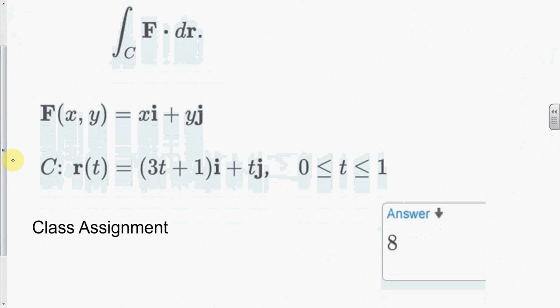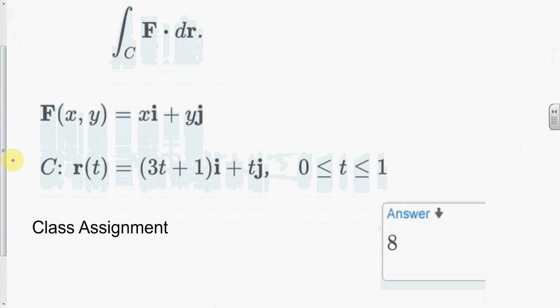So then it's 3t plus 1 i, but once you take the derivative, that's 3. So the tj, don't you have to multiply that by the 3t plus 1, making that 3t squared plus t? And then the derivative of that j would be 6t plus 1.